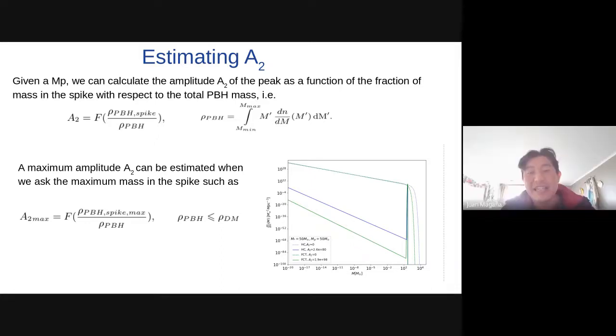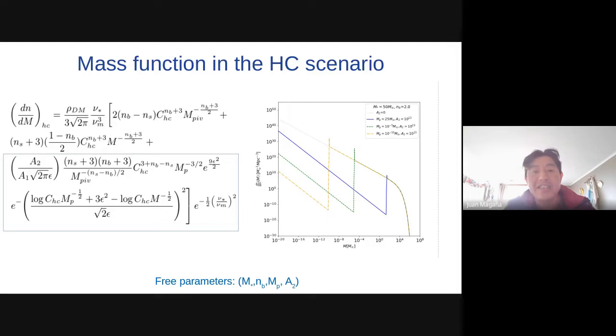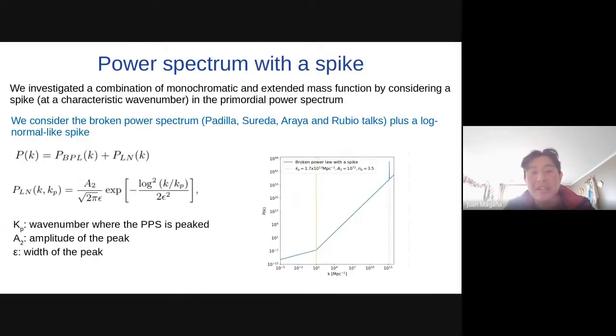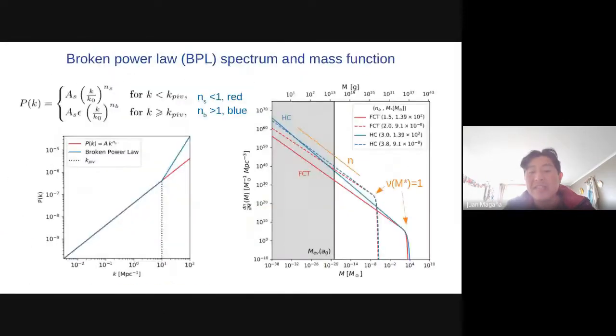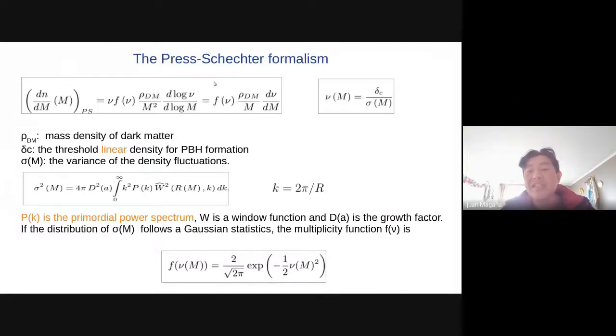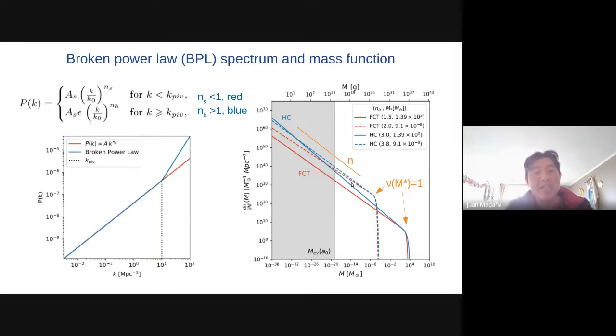Yes. There is a relation between both quantities. The wave number is related with the size of the fluctuation, and we can consider, for example, a spherical region, and we can obtain a relation of this wave number with the mass, and this relation will depend on the mechanism of formation.